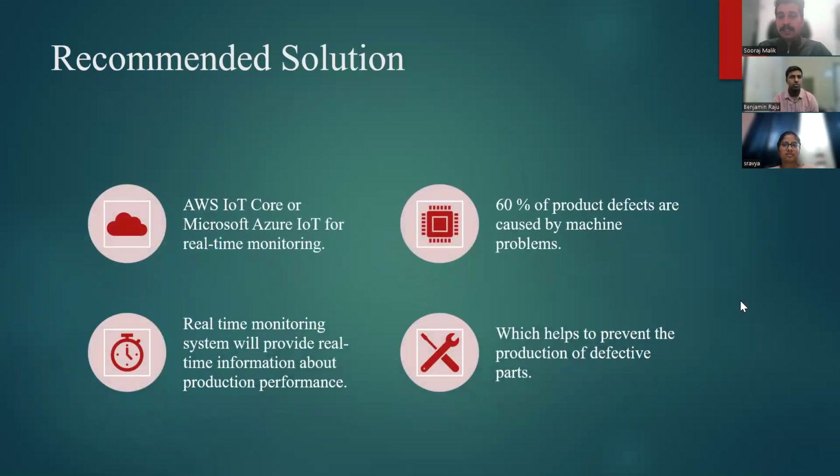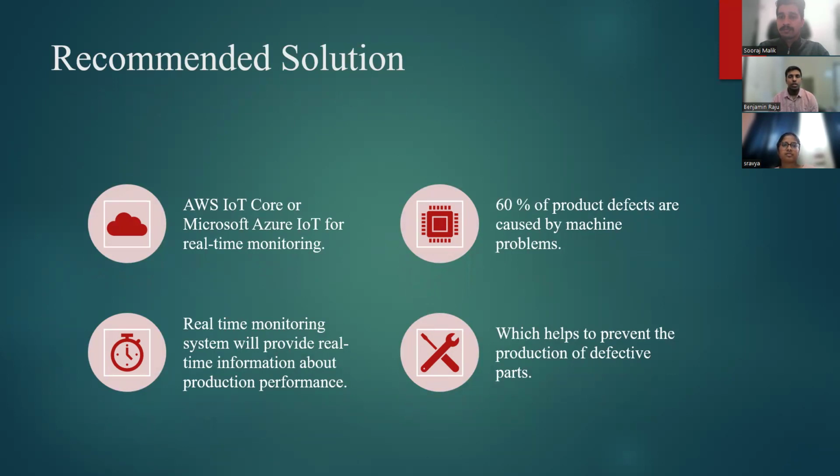Next part is the recommended solution. Benjamin will describe this recommended solution. Based on the three solutions we found in our research, the recommended solution is real-time monitoring. From the pie chart on the previous slide, it is clear that 60% of our product defects are caused by machine problems.